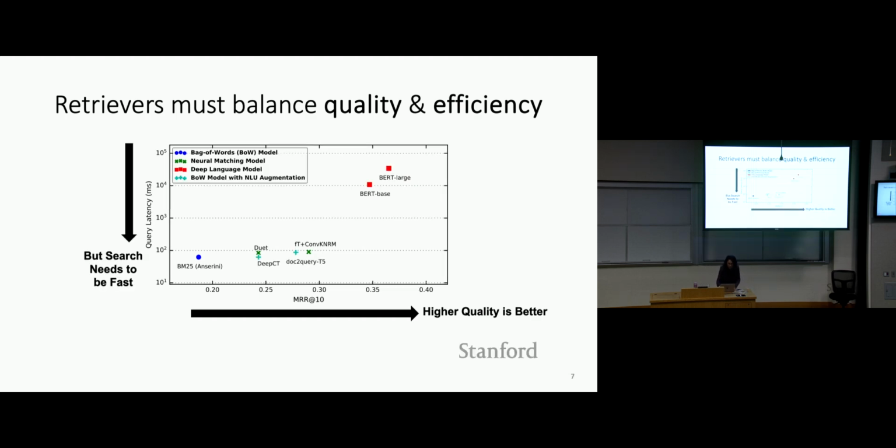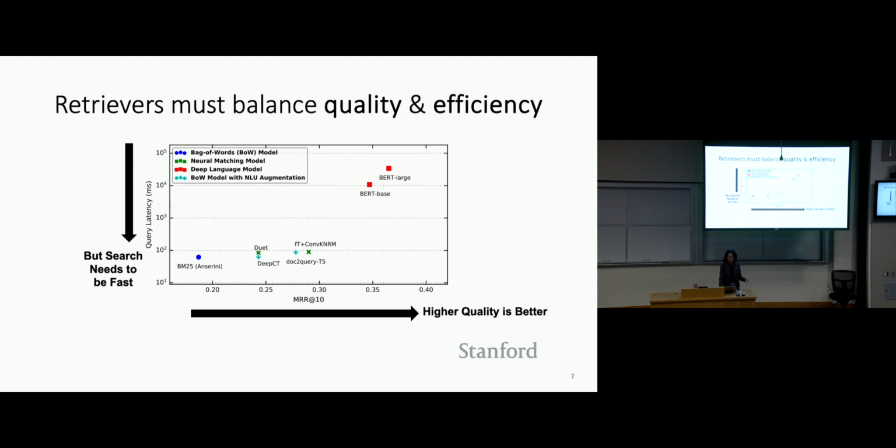When BERT first came out, now we can use the deep language model, and you get a jump in the quality, but at the same time, the latency went all the way up. This is a log scale. So now you're talking about the 1,000 milliseconds level.